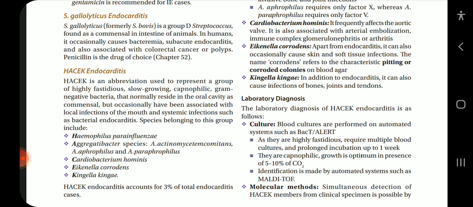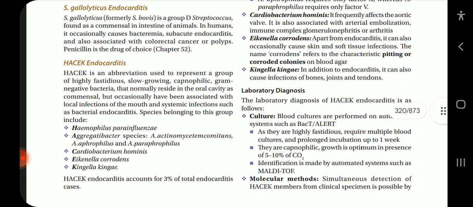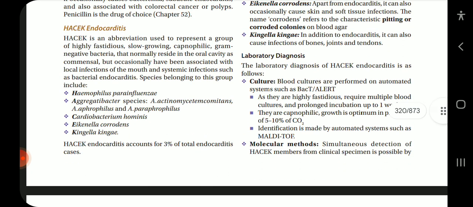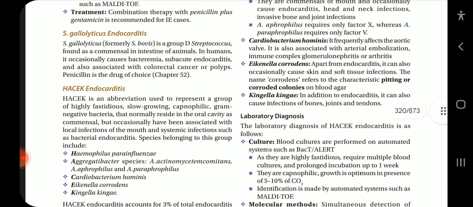Species belonging to this group include Haemophilus parainfluenzae, Aggregatibacter species like Aggregatibacter actinomycetemcomitans and aphrophilus and paraphrophilus, Cardiobacterium hominis, Eikenella corrodens, and Kingella kingae. HACEK endocarditis accounts for 3% of the total endocarditis cases.